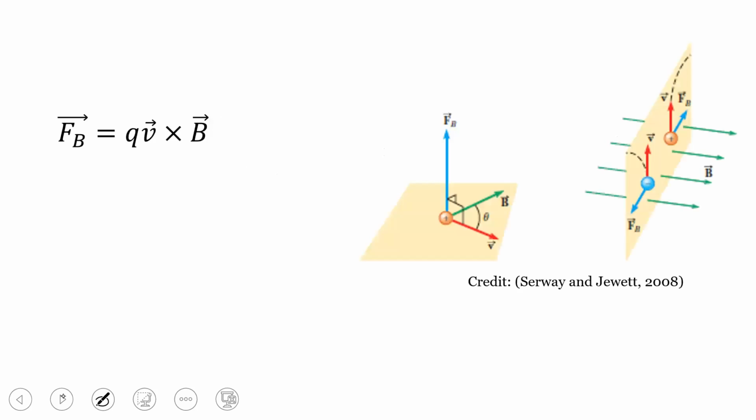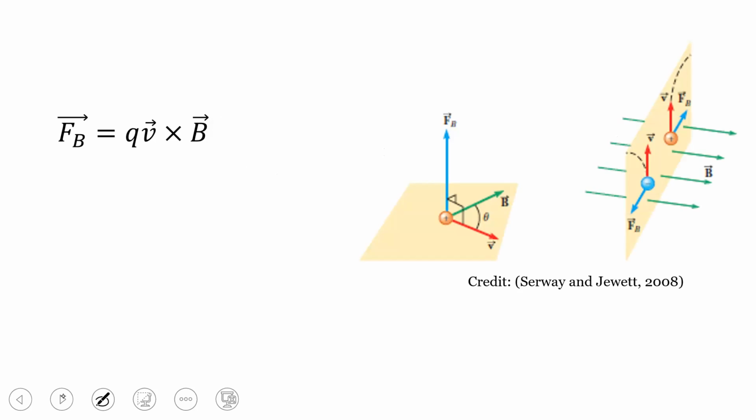So let's look at some equations. Here we have the magnetic force vector. The magnetic force vector F suffix B is equal to Q V cross B. V here is the velocity, cross magnetic field strength.